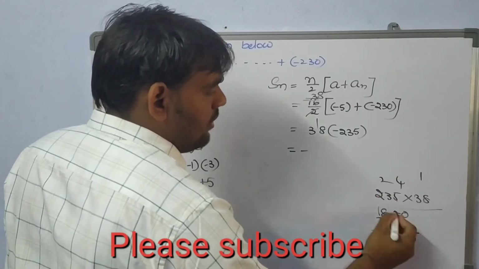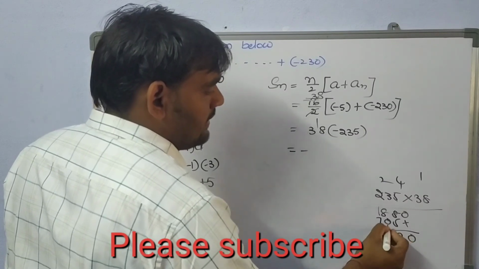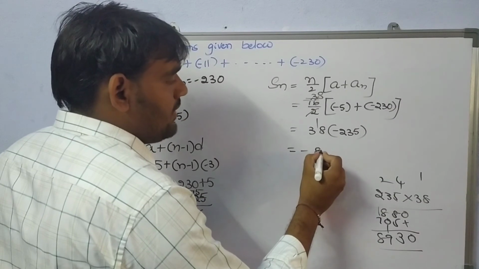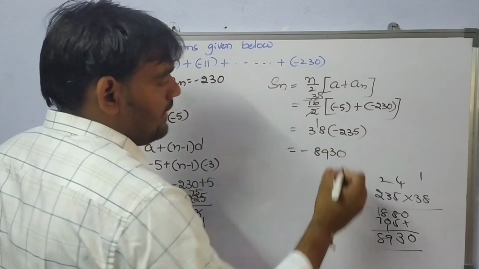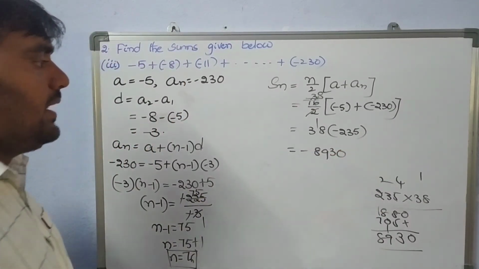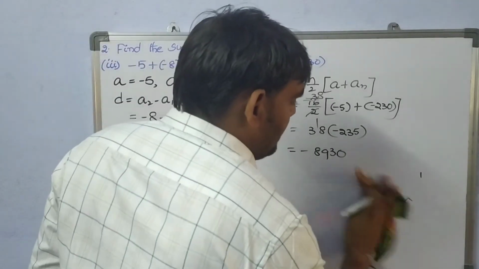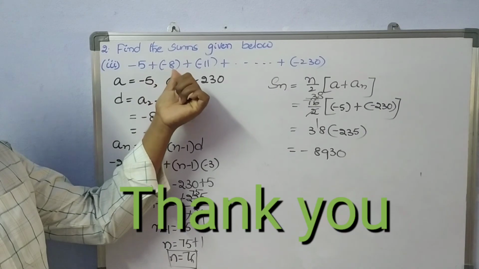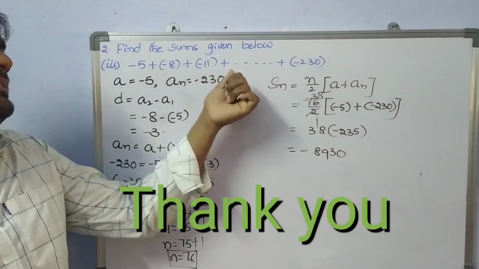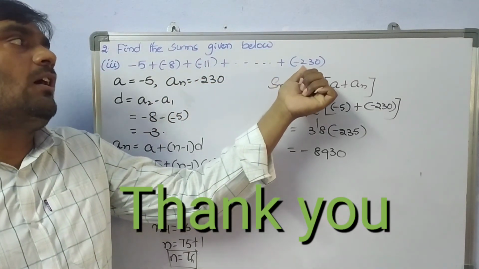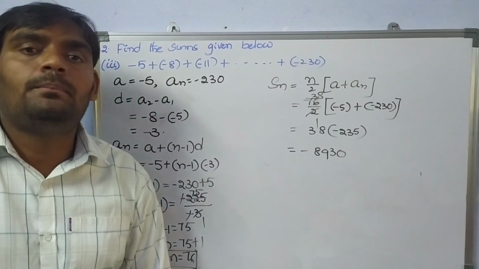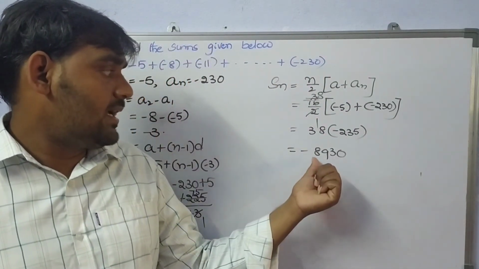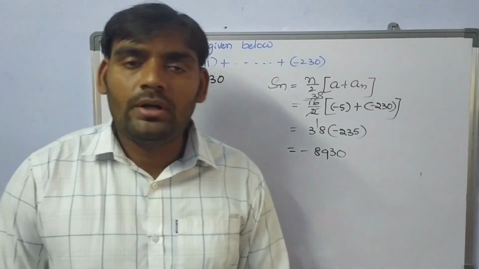So its value is minus 8,930. See here, the sum of minus 5 plus minus 8 plus minus 11 plus and so on plus minus 230 is minus 8,930. Okay, thank you.